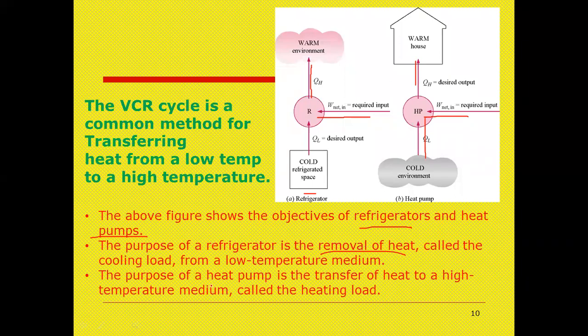The purpose of a heat pump is the transfer of heat to the high temperature medium, called the heating load. The lower temperature one we call the cooling load, and the higher temperature one we call the heating load, right?